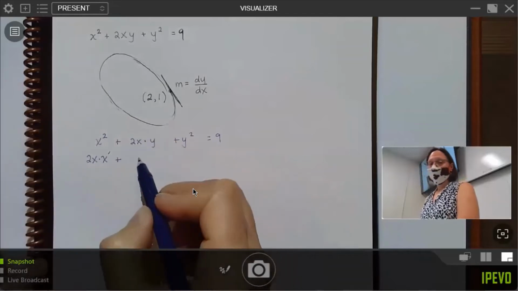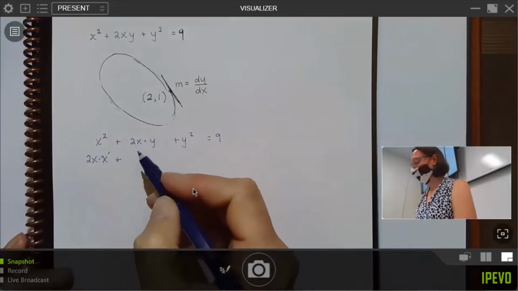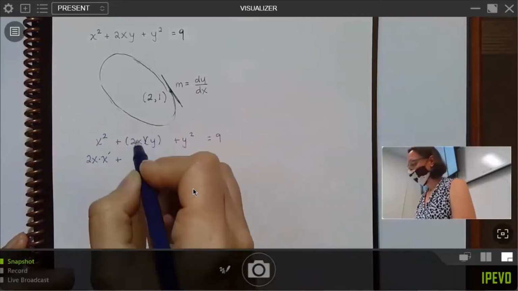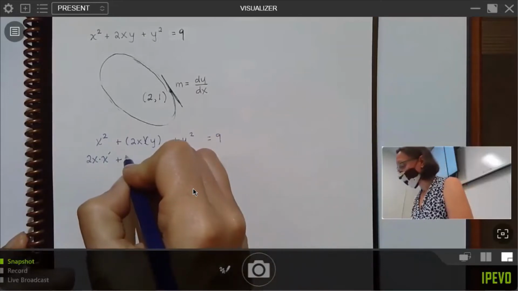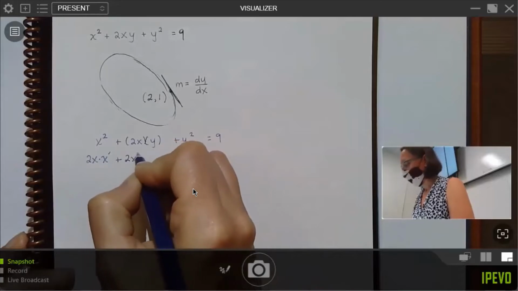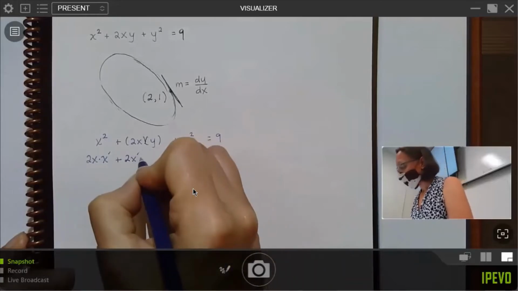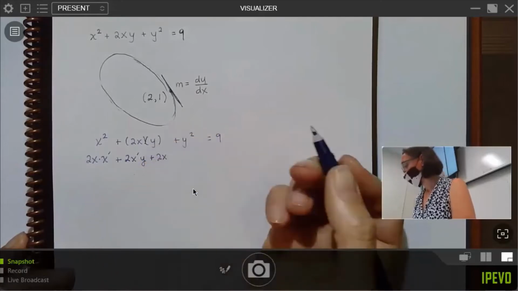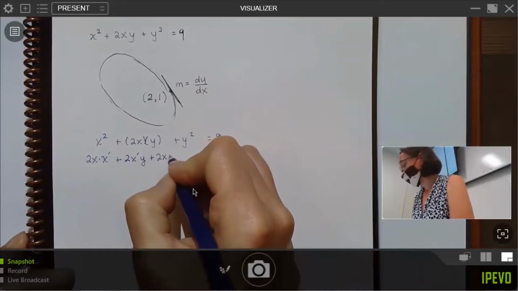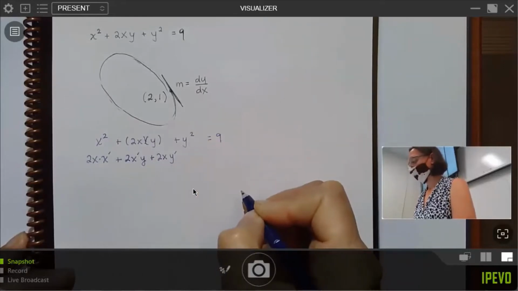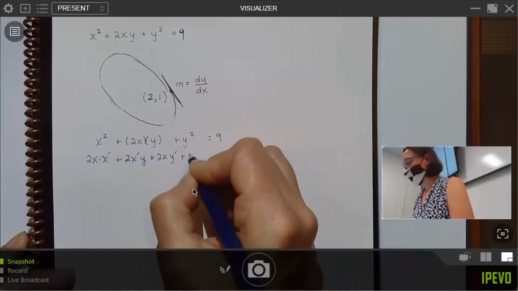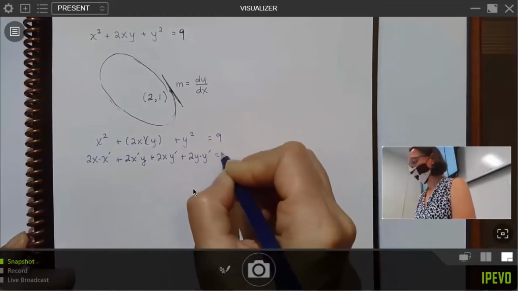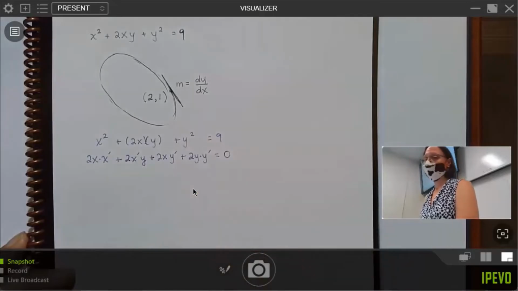This next piece, 2x times y, I'm actually going to need a product rule for. The derivative of 2x is 2 x prime, times y, plus, leave the 2x alone, and for the derivative of y I would get 1 times y prime. The derivative of y squared is 2y times y prime, and the derivative of 9 is 0.